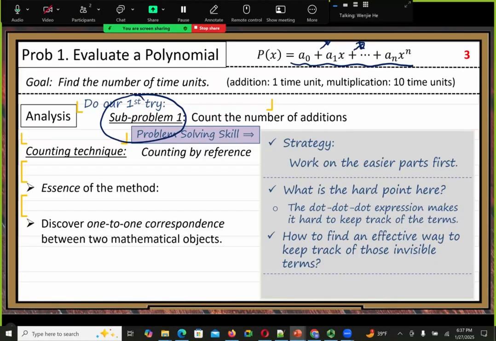The essence of the method: we want to discover a one-to-one correspondence between two mathematical objects. One object, the plus sign, is a mathematical object, right? But what's the reference? You know the pattern? It starts at 0, right?